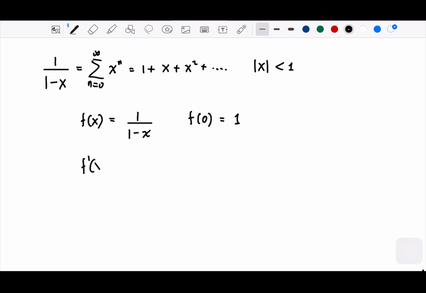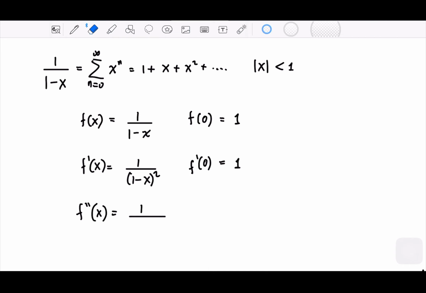And let's differentiate this. Since it's minus x, it's going to be positive like this. And then the value is also 1. Okay? And then if we take the second derivative, let me write it in terms of 1 and then multiply by 2, because of the 2 from the bottom, and then 1 minus x becomes power of 3.